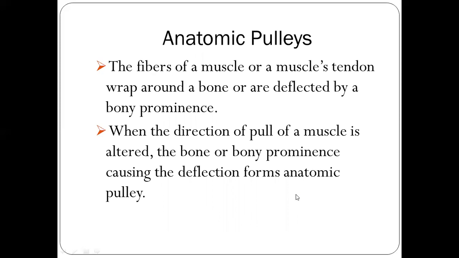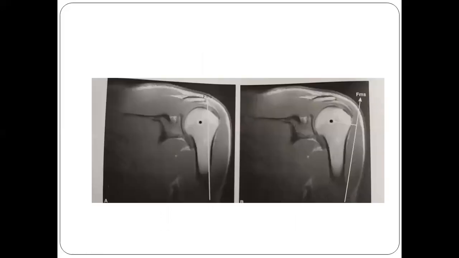Anatomical pulleys. The fibers of a muscle or a muscle's tendon wrap around a bone or are deflected by a bony prominence. When the direction of pull of a muscle is altered, the bone or the bony prominence causing the deflection forms an anatomical pulley. So here as we can see, this is the humeral head and this is the deltoid muscle.